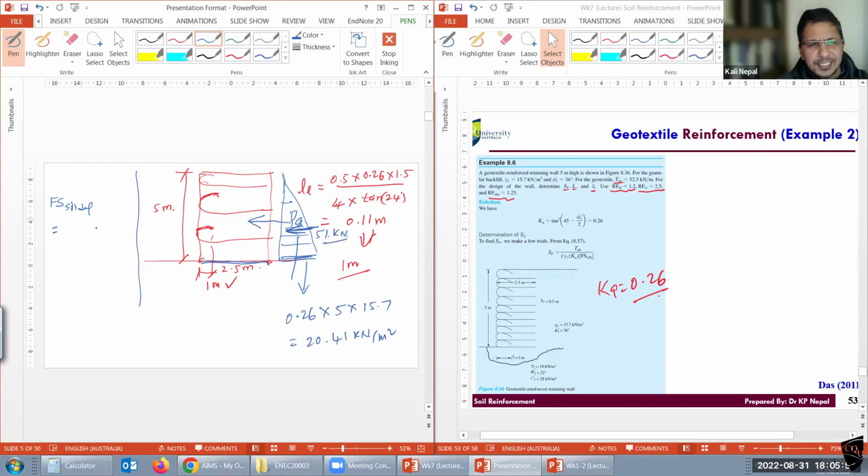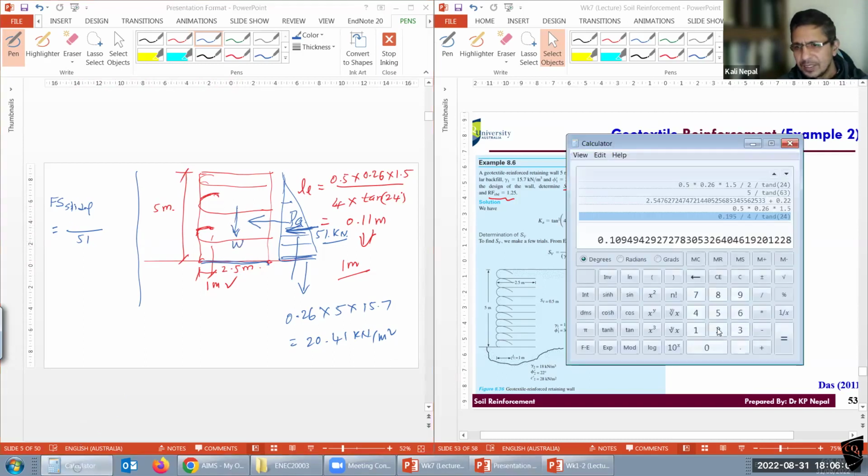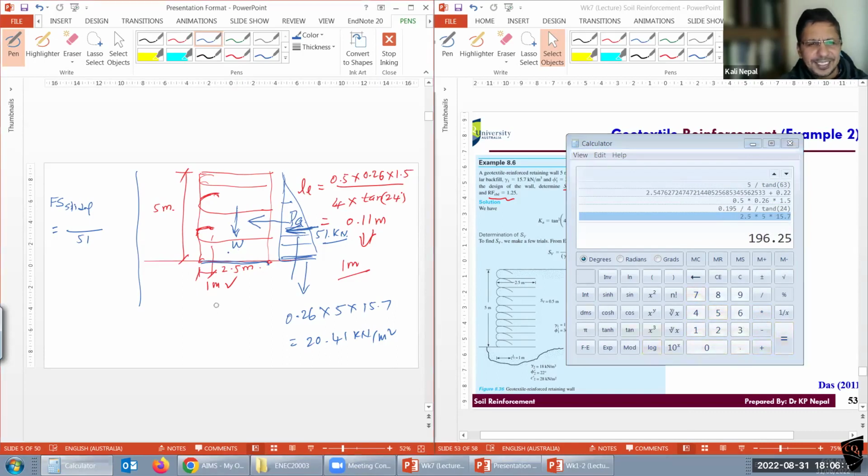All right, okay. So that's the disturbing force. It should be at the bottom. And then the resisting is that total. How much is the weight now? 2.5 times 5, yeah. So W, that means 2.5 times 5 times what's the 15.7? That's the total. 196.25. Did you get that?